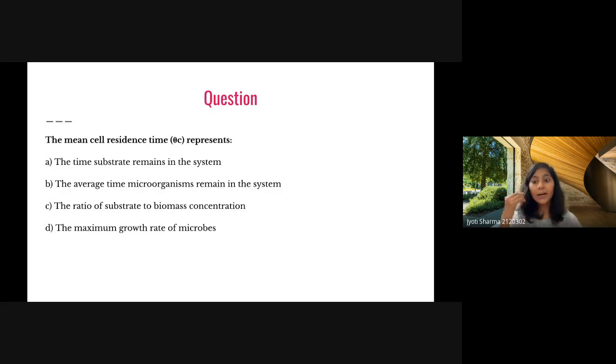Another terminology about the activated sludge process is mean cell residence time. So what does it mean? We have four options here: the time substrate remains in the system, the average time microorganisms remain in the system, the ratio of substrate to biomass concentration, and the maximum growth rate of microbes.